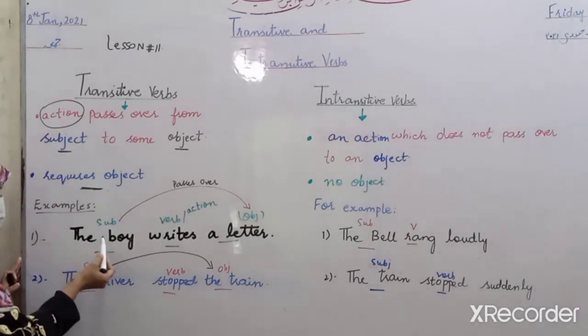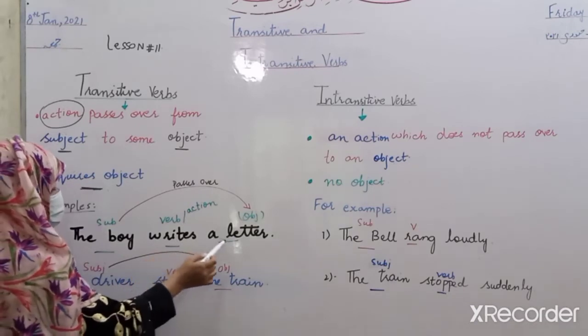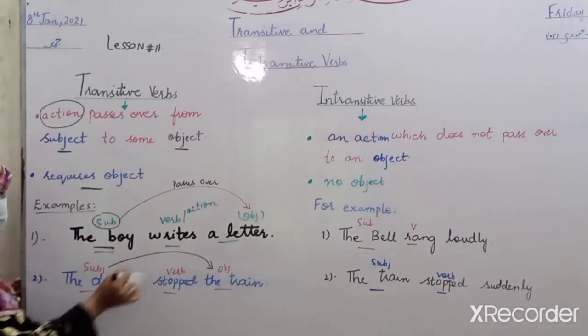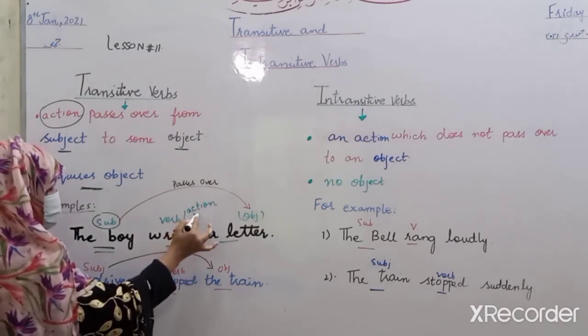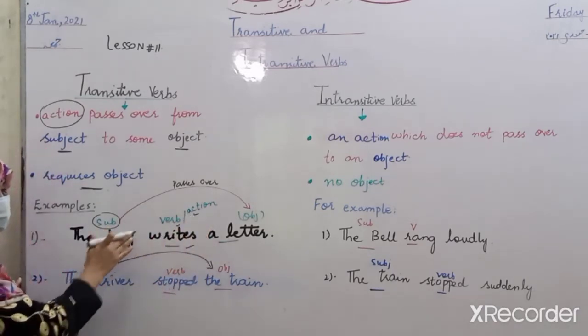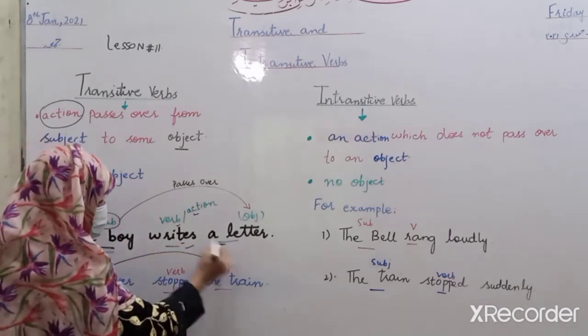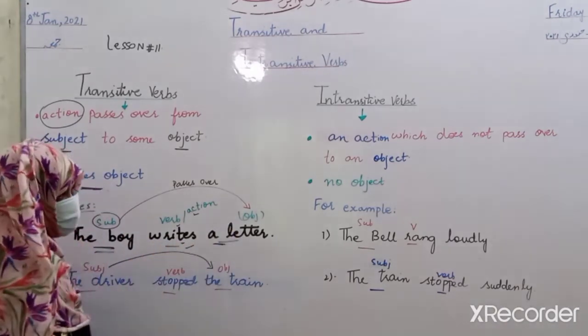Here I have written a sentence. The boy writes a letter. Here, the boy is my subject. Writes is the action or verb, which the boy is performing, and a letter is the object.